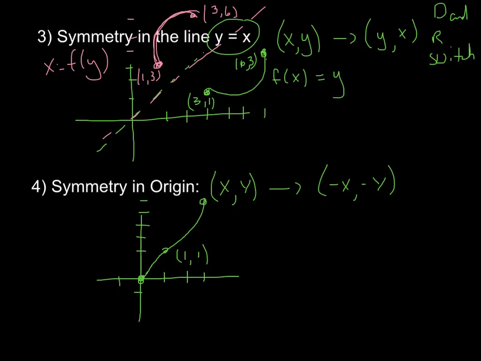It's going to become negative 1, negative 1. We've made x negative and y negative. I meant to do this in blue. All right, and instead of 3, 6, we now have negative 3, negative 6. And so it's going to kind of curve like that.